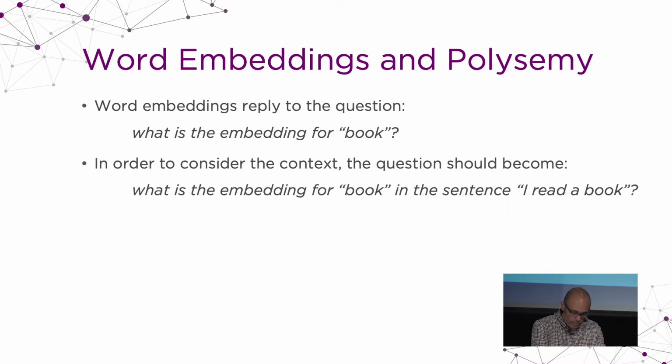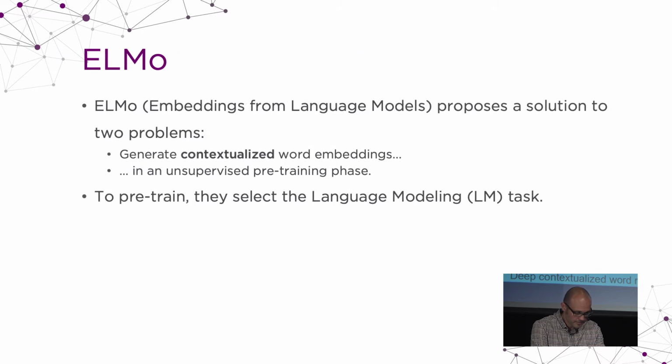And this is indeed what happens with this system called ELMo, where ELMo stands for Embeddings from Language Models. So ELMo is indeed generating these contextualized word embeddings, and is doing that in an unsupervised pre-training phase, which is exactly what word2vec or fastText were doing before.